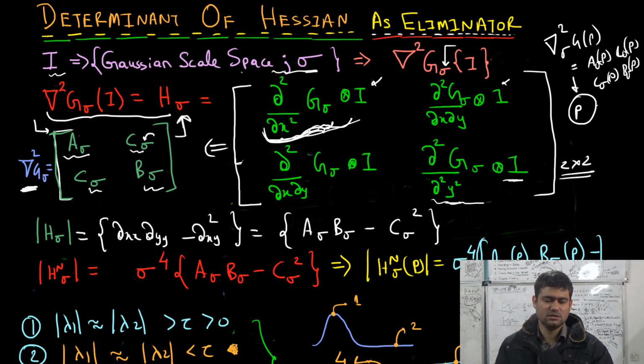Furthermore, the determinant of Hessian is computed as A sigma times B sigma minus C sigma square, where A sigma is denoted by del xx, B sigma is del yy, and C sigma as del xy.